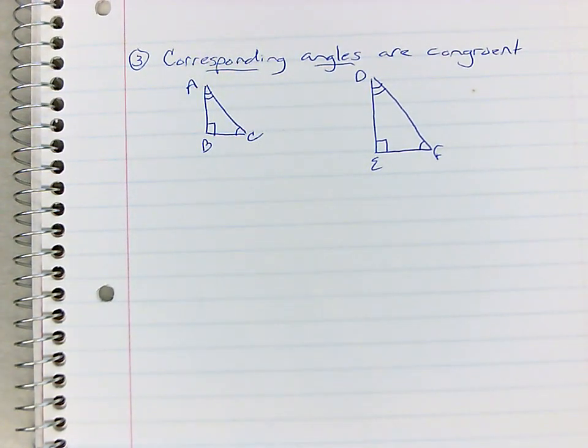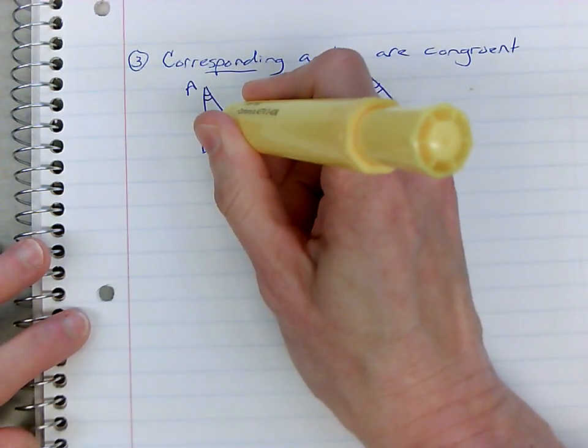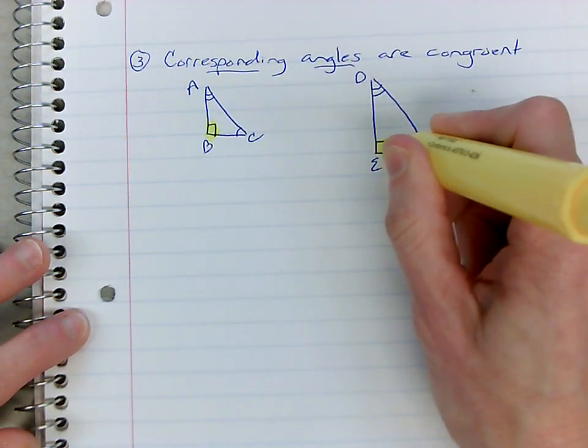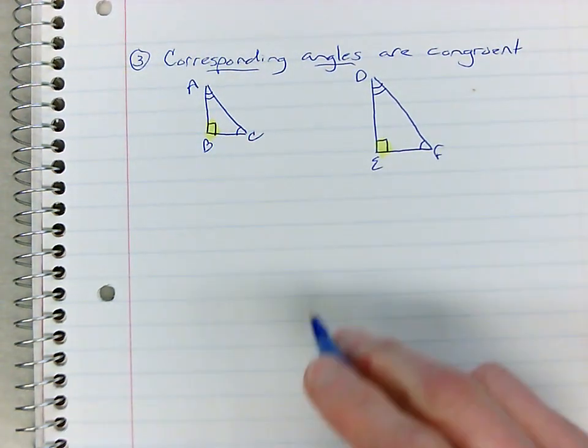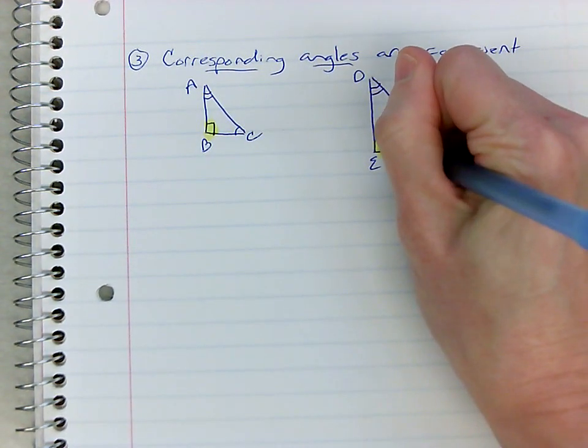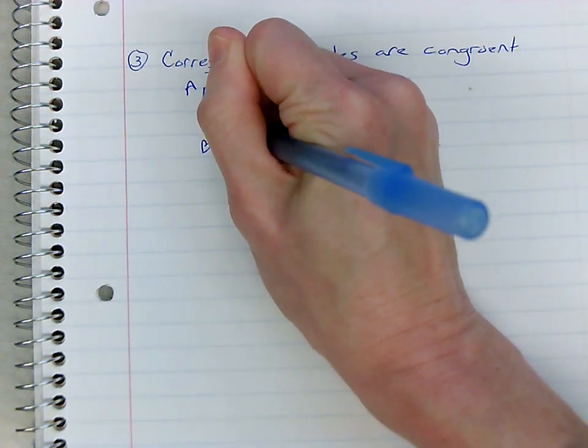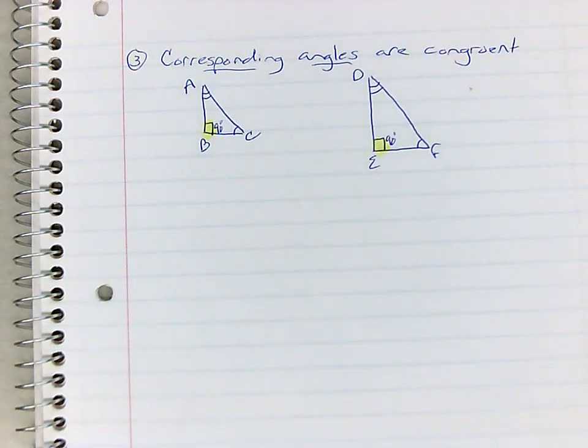So corresponding angles are congruent. So what that means is this 90-degree angle matches the other 90-degree angle. Those are both 90 degrees. If you want to even write that in, you can. You know that that square means 90 degrees, but you can write that in. Their angles are the same.